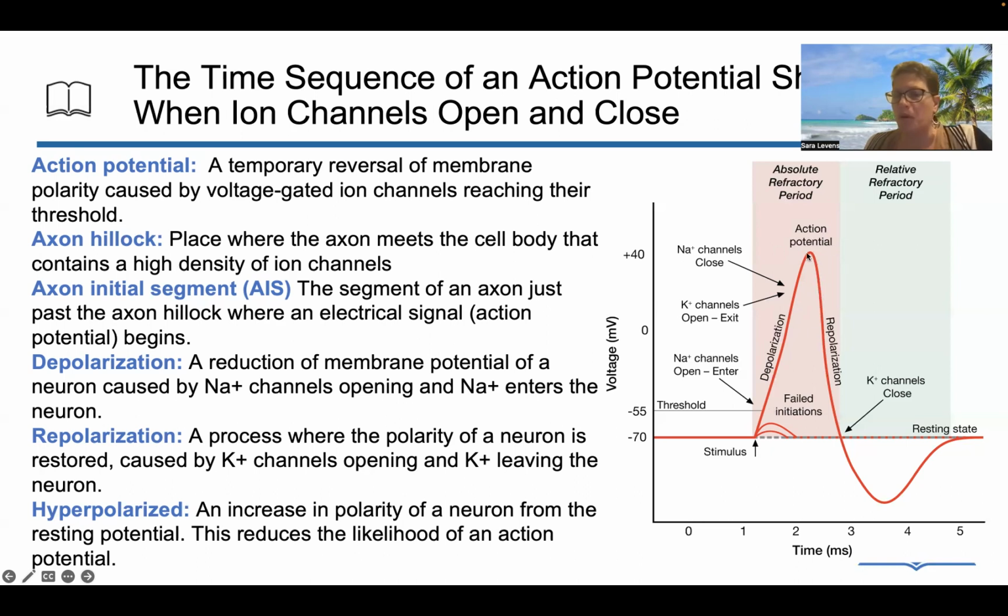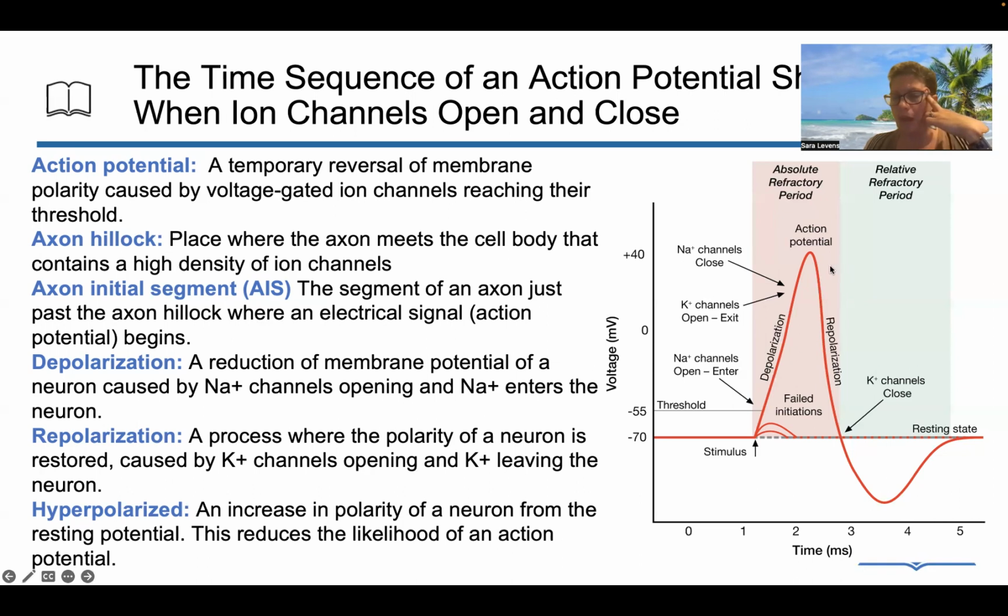So this is the point where it becomes the most depolarized. Then the sodium flowing in, the potassium flowing out, and the sodium channels closing causes the repolarization.